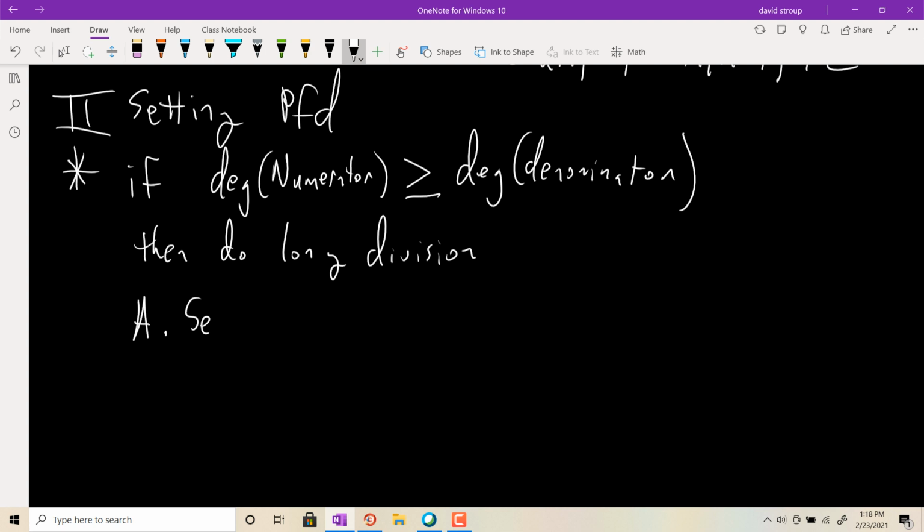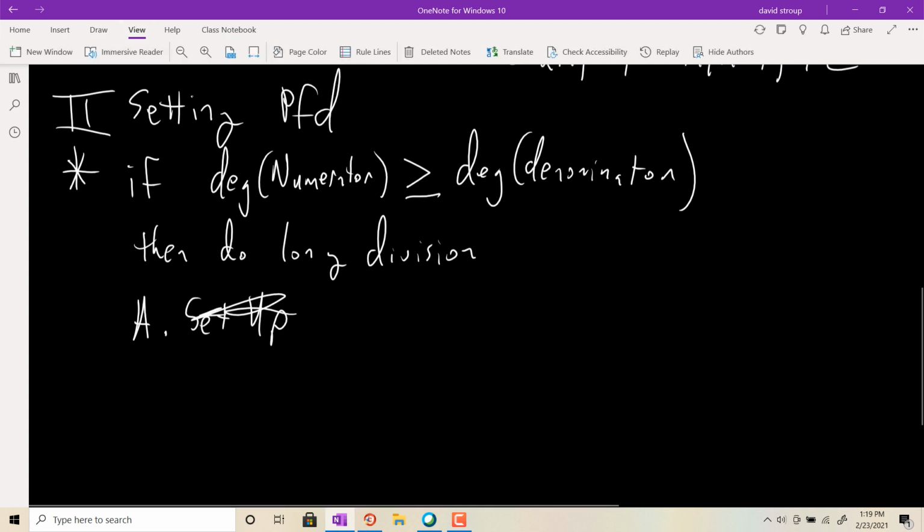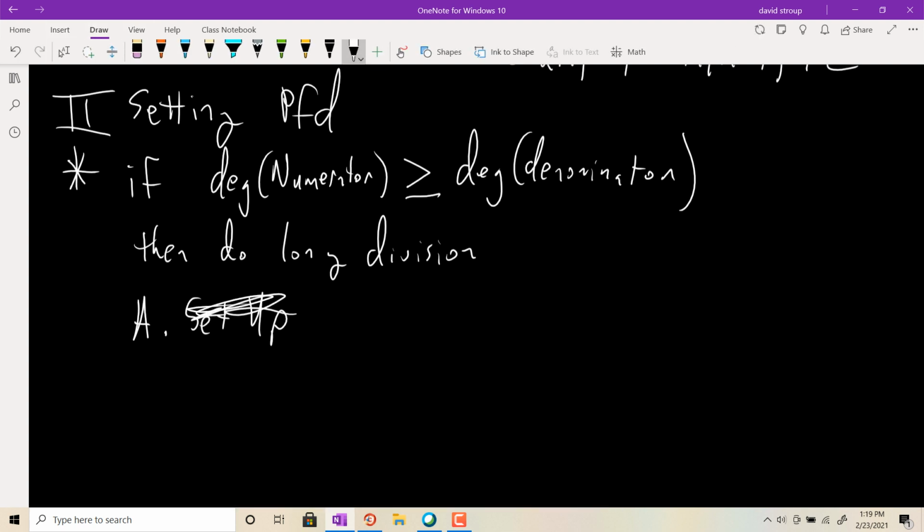So the first setup is what we started with, and basically we have what are called linear factors. You would want to factor the denominator if it's not already factored. The first form are linear factors.